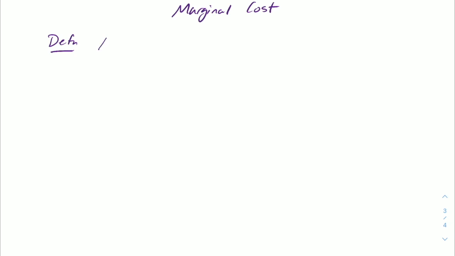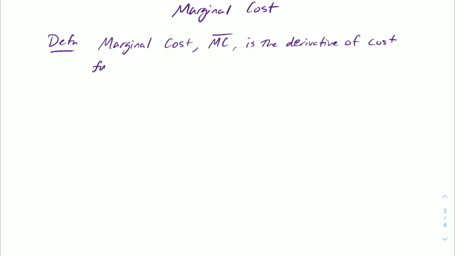So marginal cost, denoted MC with a bar over top, is the derivative of the cost function with respect to the quantity.